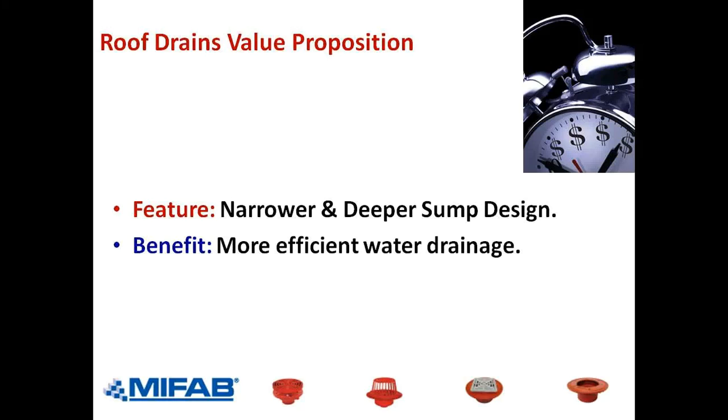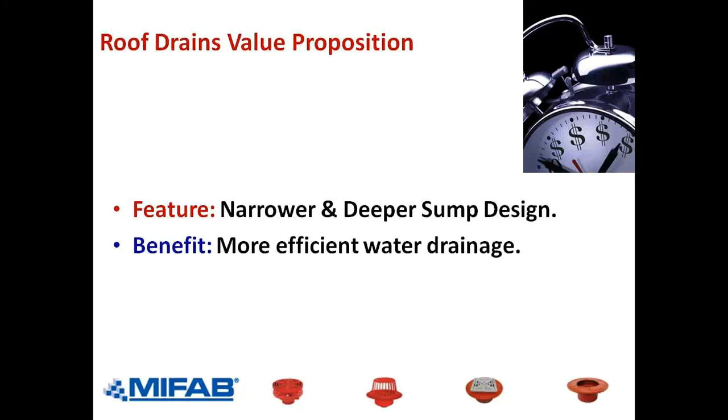The other benefit of having a narrower sump is the flow characteristics are better. Why? Because we have more vertical space. As water builds up in the sump of our roof drain, you're getting gravity and pressure pushing that water down. If we have a sump that is greater in diameter, say 14 or 13 inches versus 10.5, but shallower, then it's going to take longer for that water to drain.